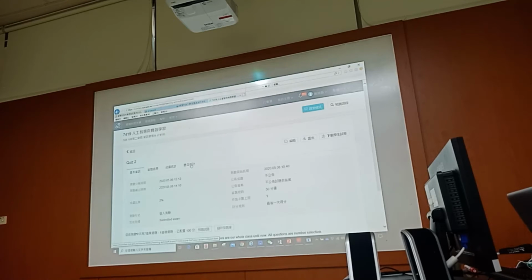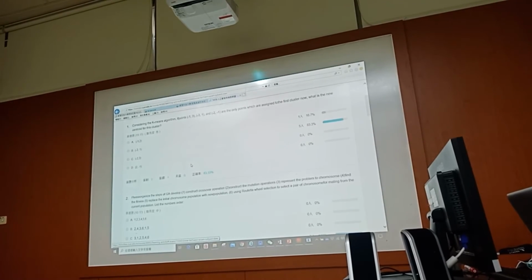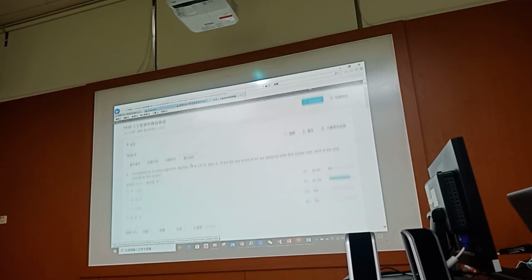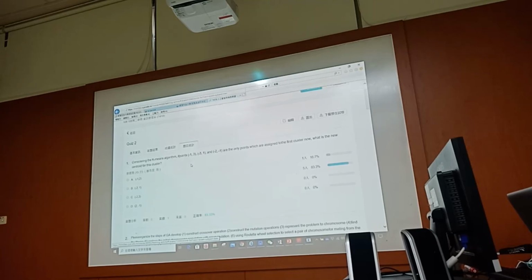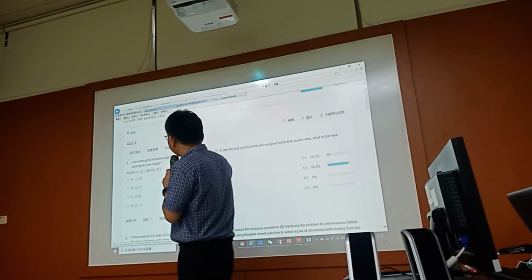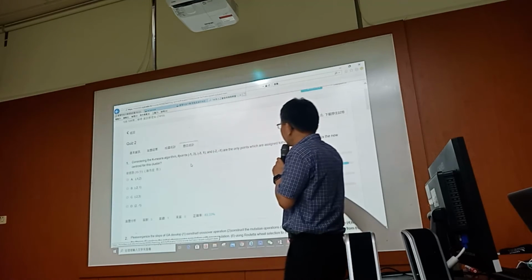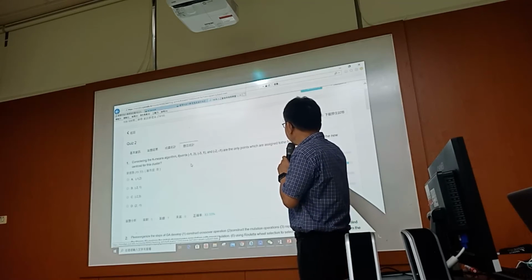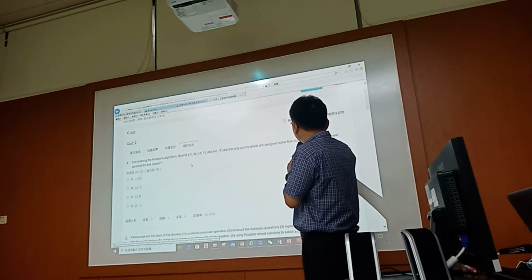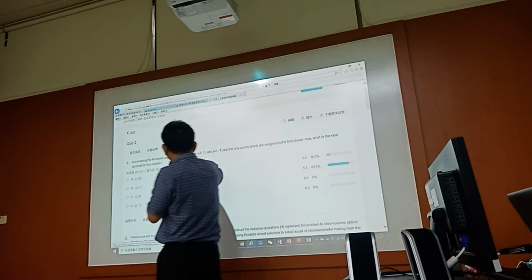The right answer is also in this one. So the question of this one concerns a cluster. If the point is 3, only 1 point is assigned to the first class. Now, what is the new centroid for this one?